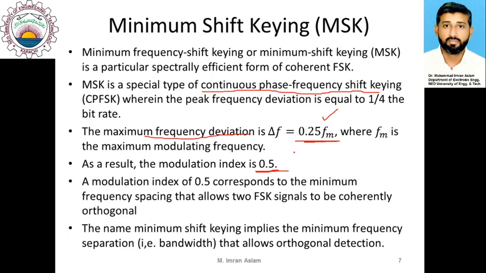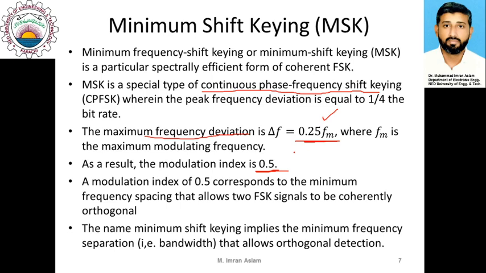Actually, this modulation index of 0.5 relates to the minimum frequency spacing where we can detect two different symbols. So this scheme is named minimum shift keying because it is based on a minimum frequency spacing.